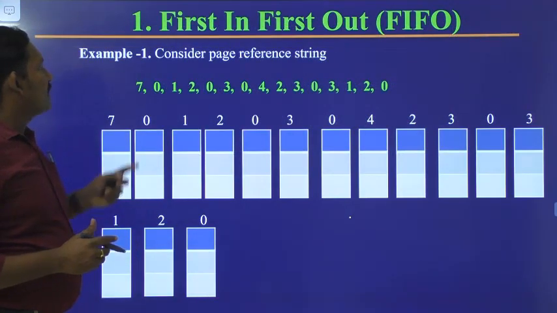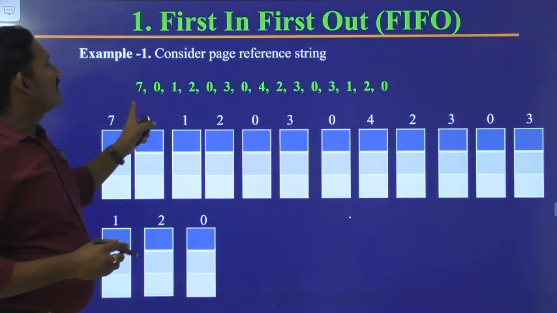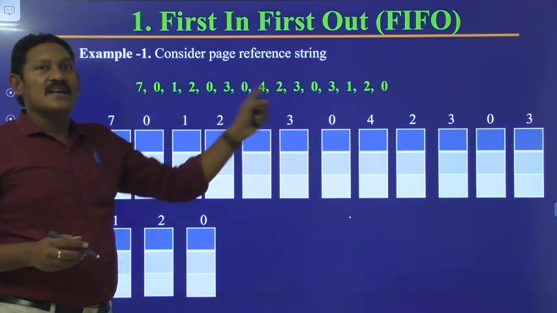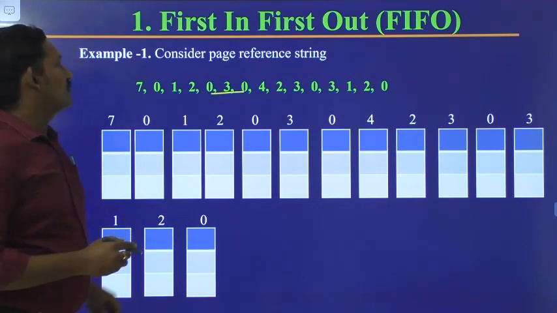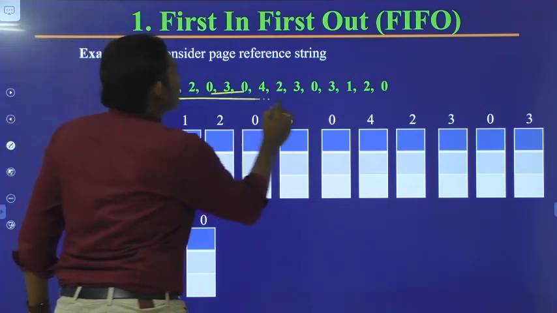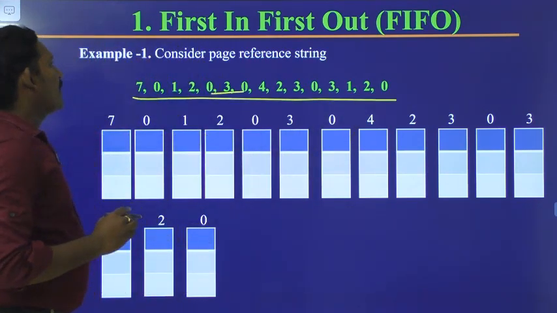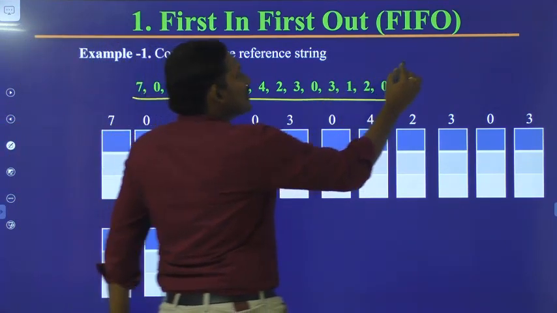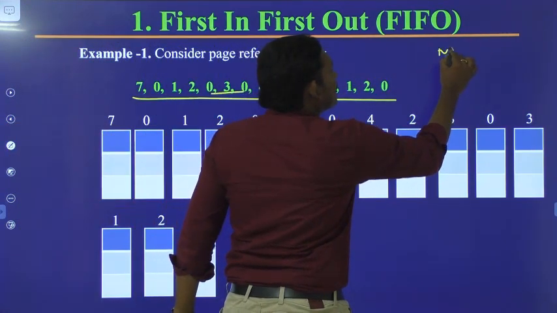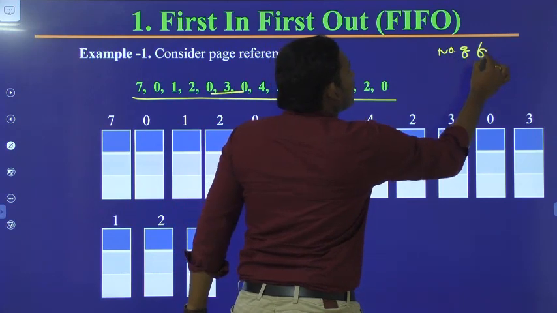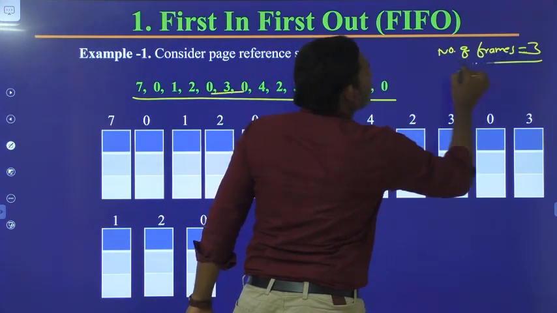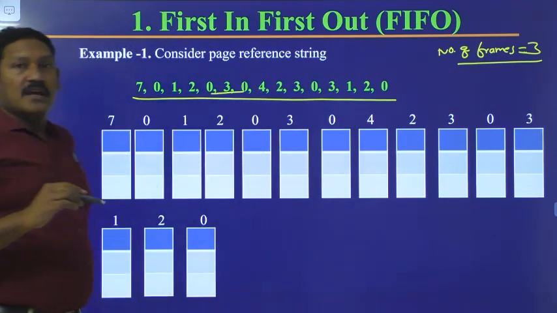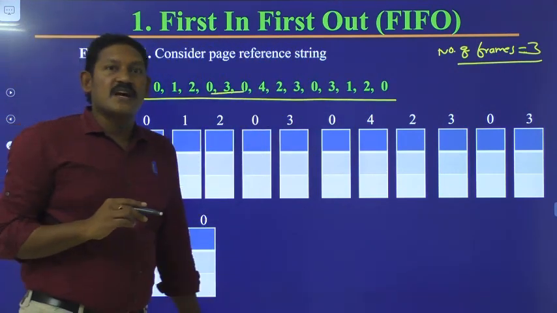Suppose we see first in first out. Let us consider these sample reference strings, a total of 15. Let us suppose the number of frames in the main memory is 3.